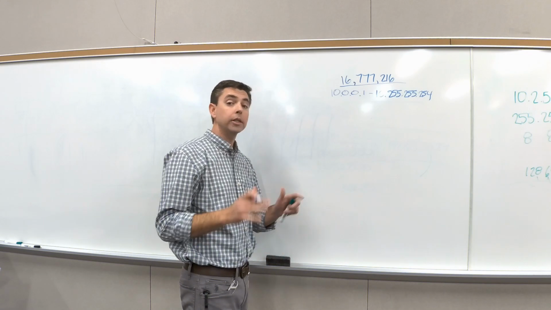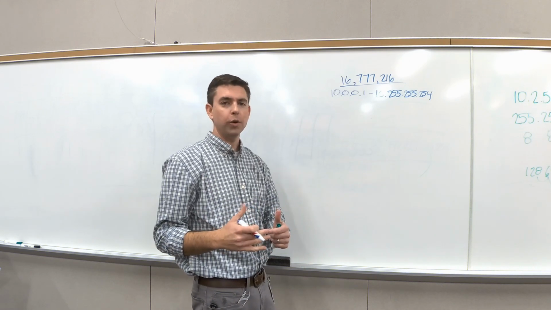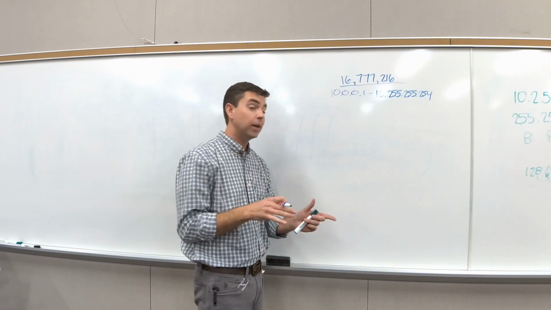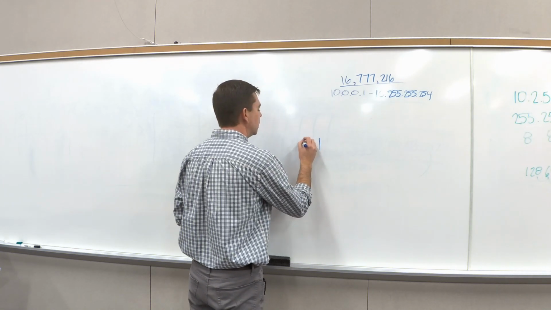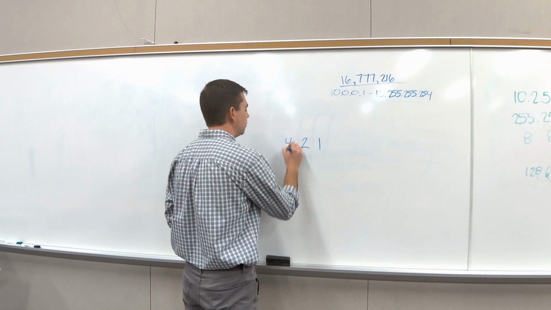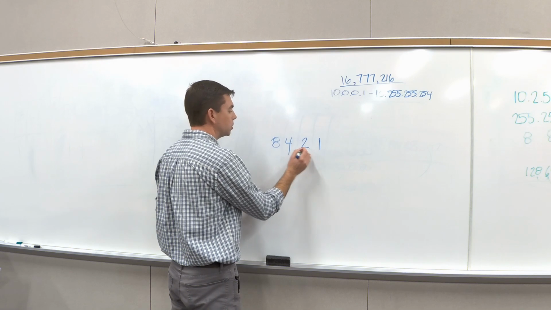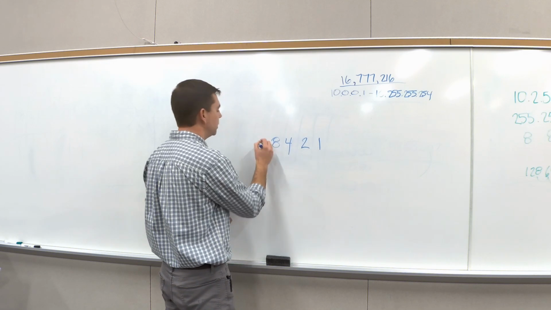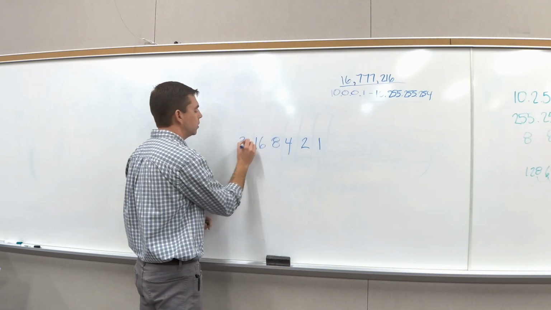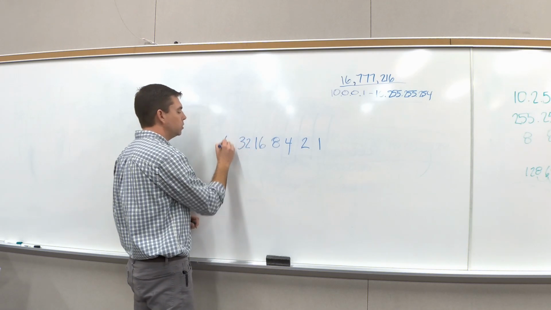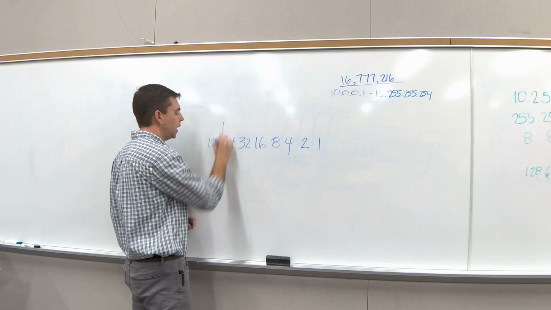All right, let's go back to place value, the binary system, the base 2 system that we learned earlier. When I was doing place value, now it's going to start making sense. This is where it gets kind of cool. So we start off with 1, and then we have 2, then we have 4, and we have 8, because 2 times 1 is 2, 2 times 2 is 4, 2 times 4 is 8, 2 times 8 is 16, 2 times 16 is 32, 2 times 32 is 64, 2 times 64 is 128.